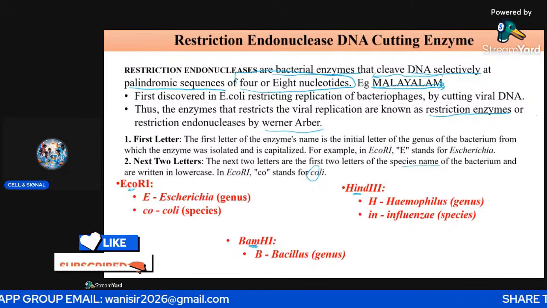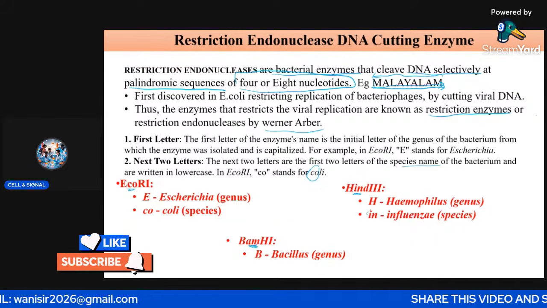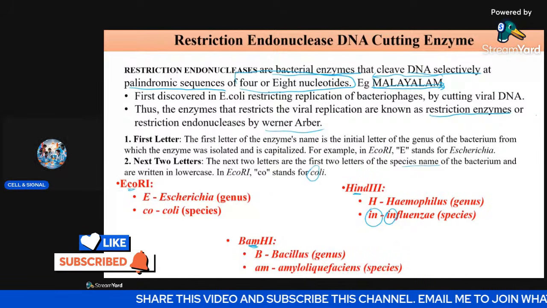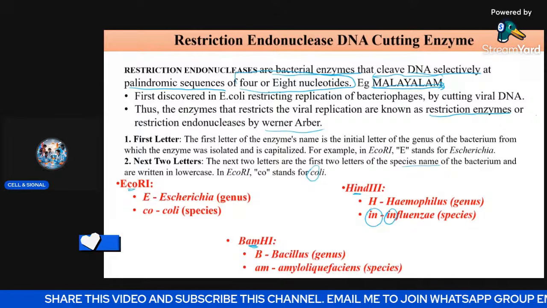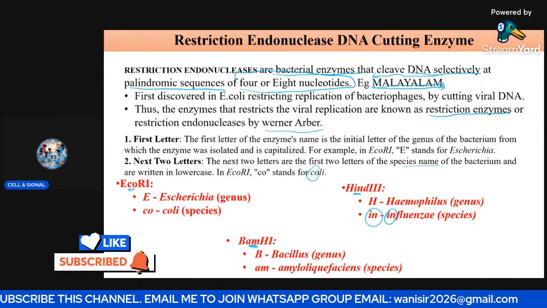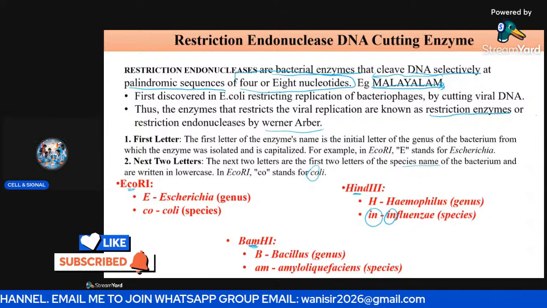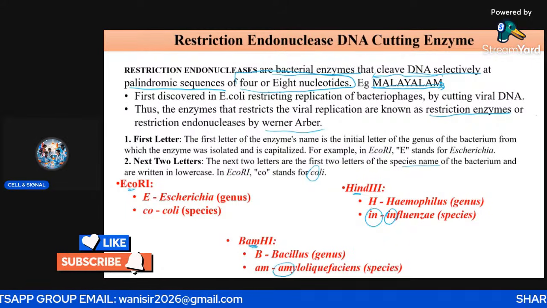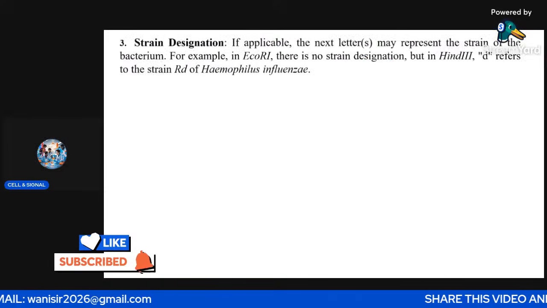Hin is the influenzae species. That is, we use the first two letters of the species name. And am in case of BamHI is from amyloliquefaciens species. We got this am from it. It should be remembered, and it is mostly asked in the exams.